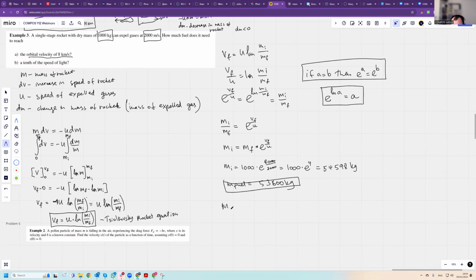Well, the initial mass of the rocket is going to be 1,000 multiplied by e to the power of 1/10 of the speed of light, which is 30 million meters a second, divided by 2,000. So that's 15,000. That's 1,000 e to the 15,000.